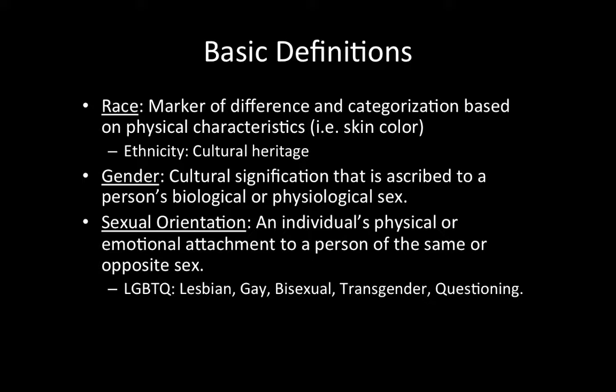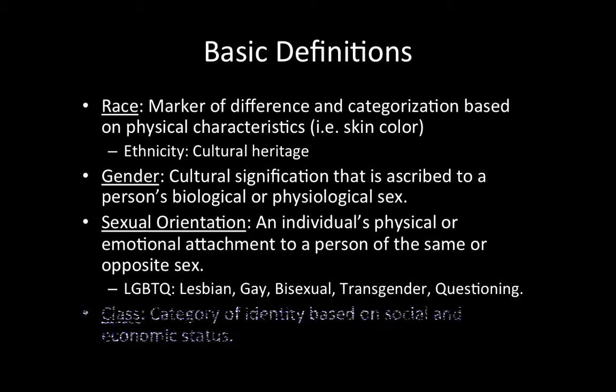The acronym that we use to refer to non-heteronormative sexual orientations is LGBTQ: lesbian, gay, bisexual, transgender, and questioning. And then our final definition is class, a category of identity based on social and economic status.